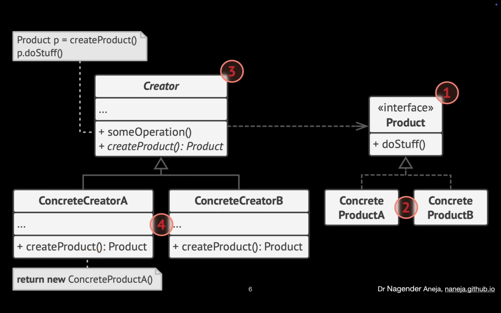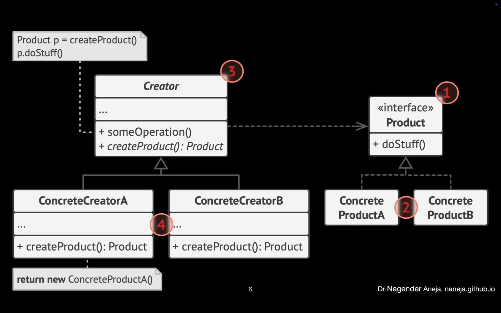This create product will create a concrete product A, and this create product will create a concrete product B. And some operation can directly be on the product, not on the abstract product. And the abstract product has do stuff, something like that.